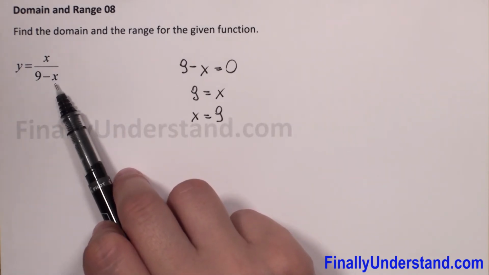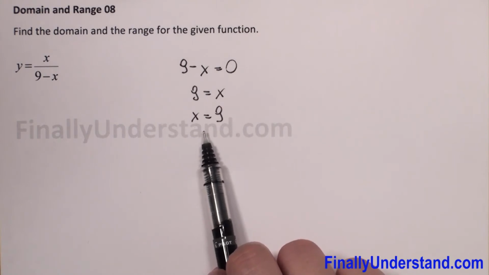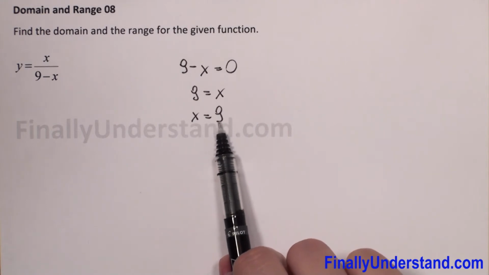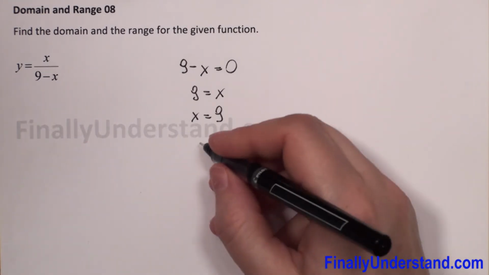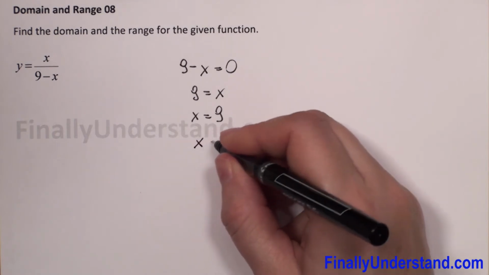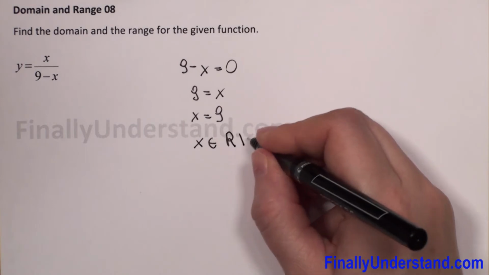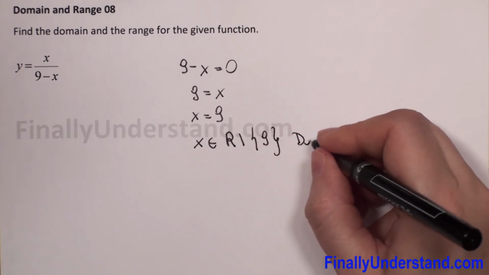So we have to exclude this 9 because we cannot divide by 0. Our domain will be all real numbers excluding 9. This is our domain.